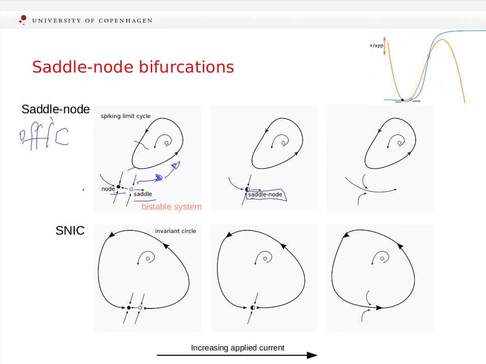So depending on where we start, either near the node or in the basin of attraction of the limit cycle, we will get either sustained spiking or resting for the same combination of parameters.